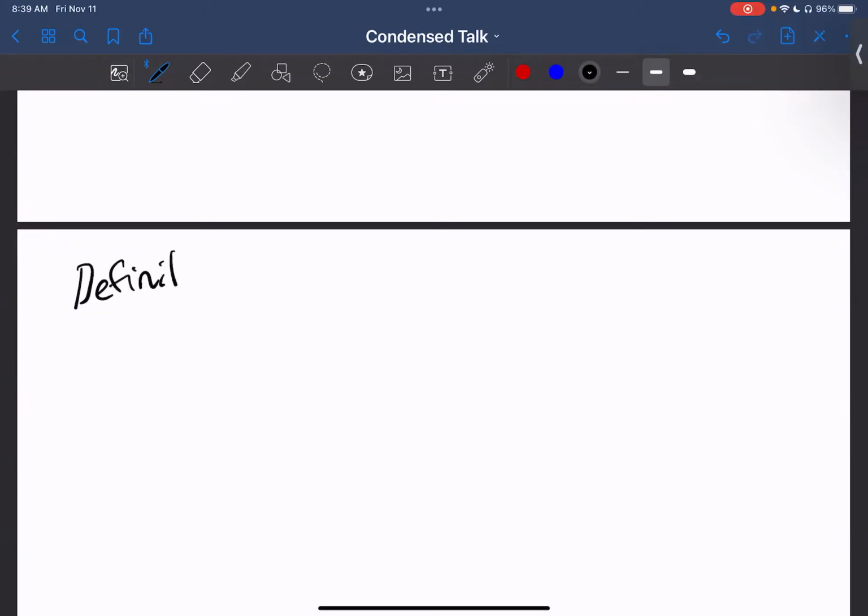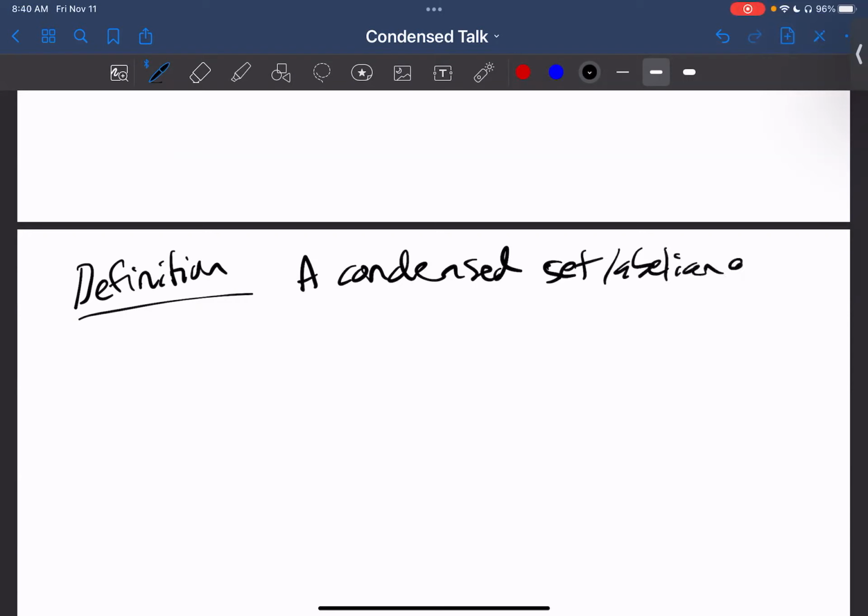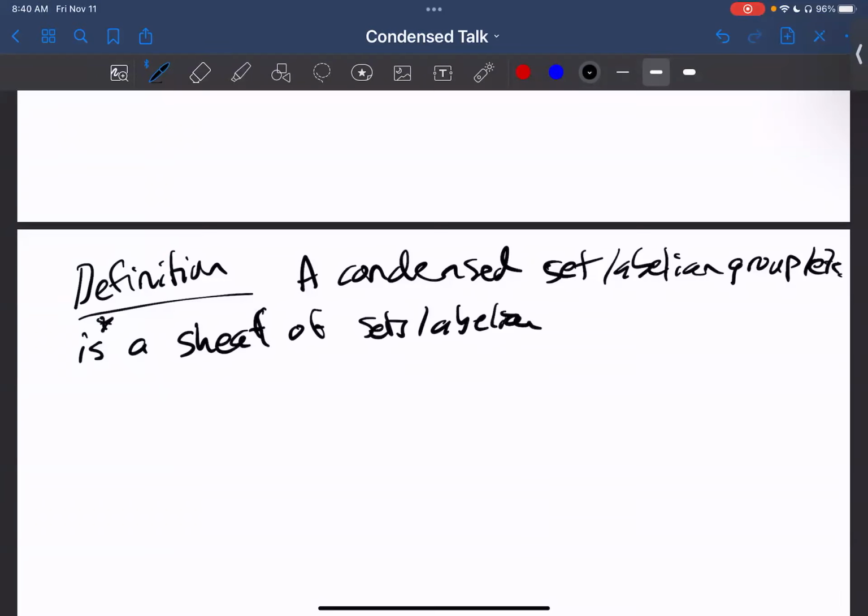So, definition: a condensed set, abelian group, etc. You can just take any object in some category C, is a sheaf, put a star here, of sets, abelian groups, etc. Object in some category C on profinite sets.